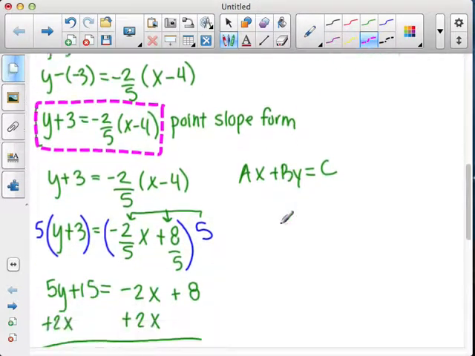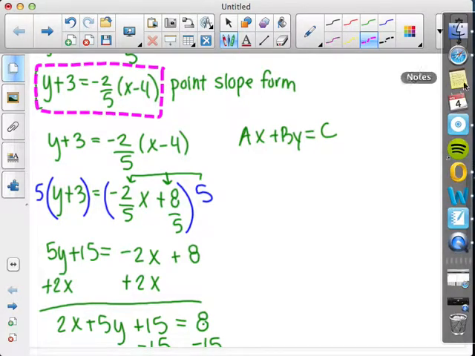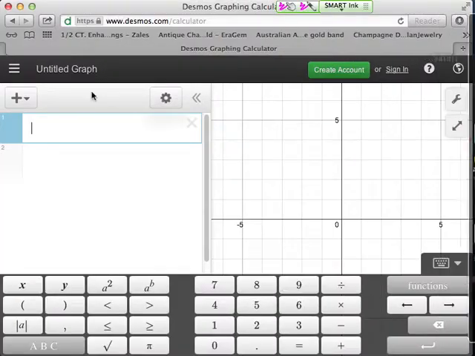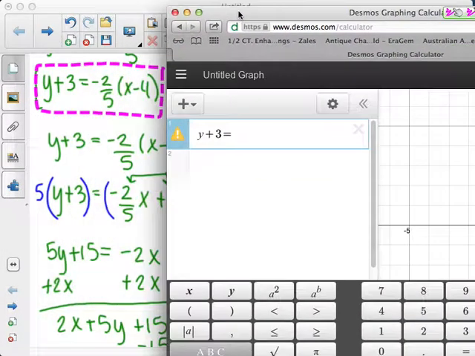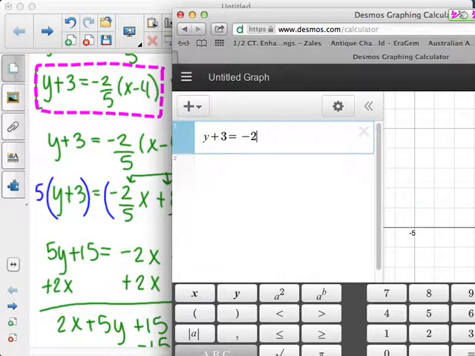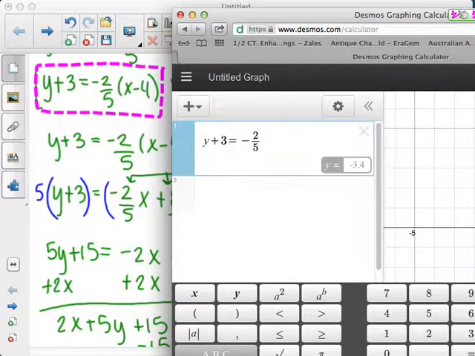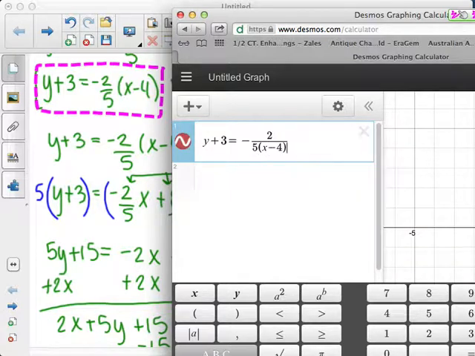Now, let's go on Desmos real quick and make sure this actually looks like what it's supposed to look like. So, y plus 3 equals negative 2/5 times x minus 4.